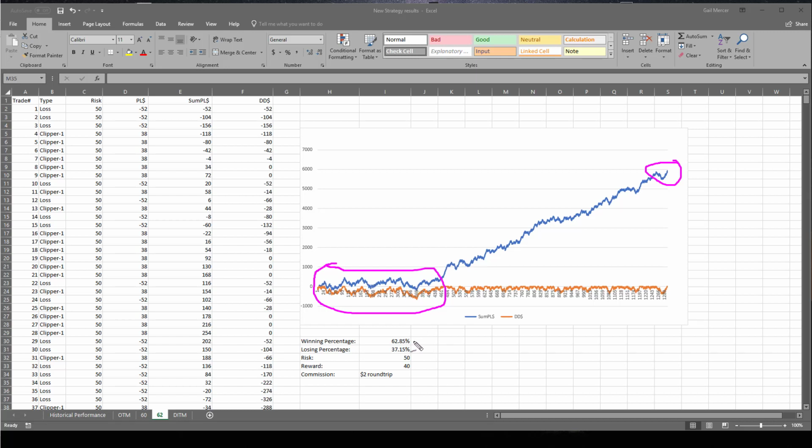Barely, okay? Your winning percentage is 62.85. Your losing percentage is 37.15. The risk to reward is exactly the same. The issue is, can you sit through these 500 trades?